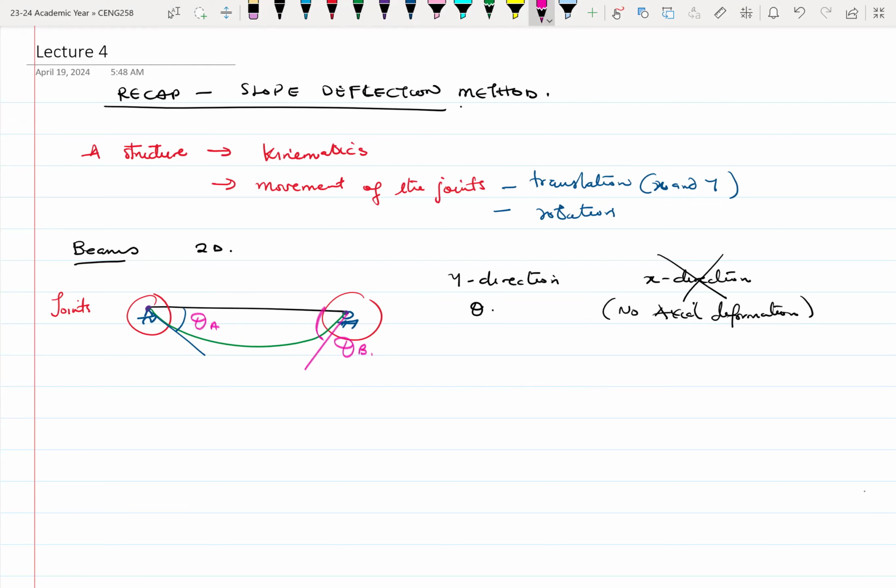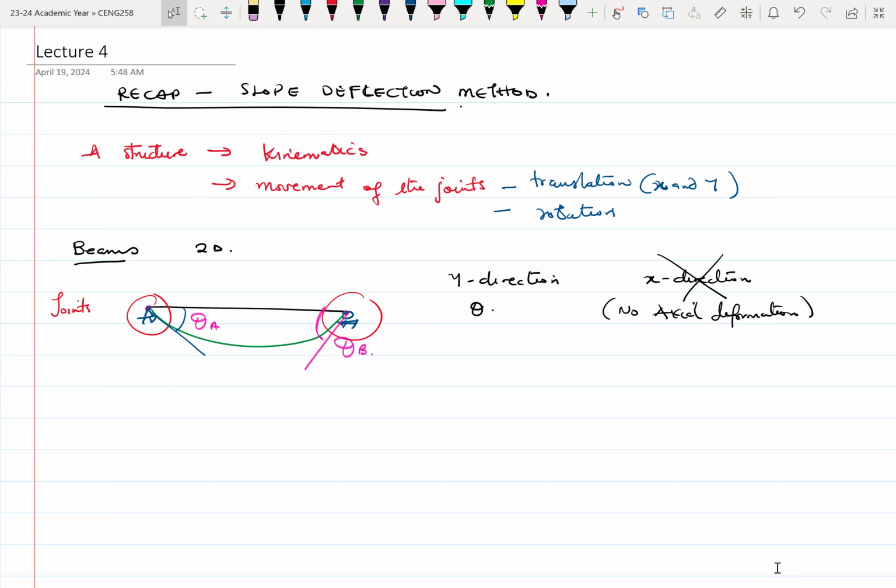We have degrees of freedom for three-dimensional space and also for 2D space. Depending on which one we are looking at will determine which one works for us.